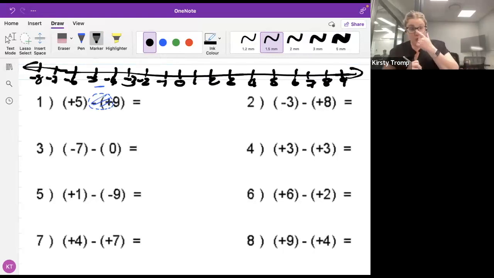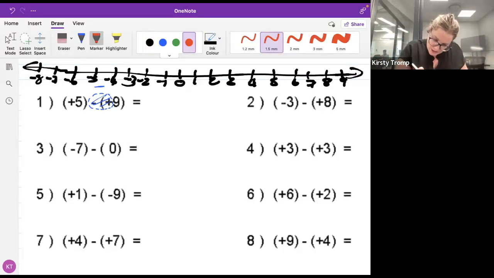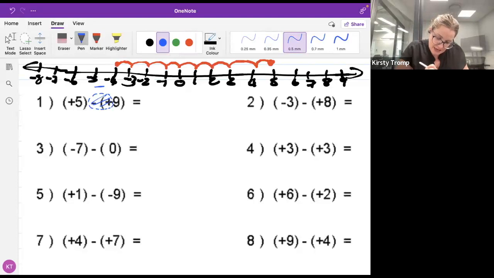I can't fit any more numbers, but hopefully you can draw yourself a really nice big one on your page. I'm starting at the number 5, and I need to subtract 9. So I'm going 1, 2, 3, 4, 5, 6, 7, 8, 9. Where am I going to end up, everybody? I'm going to end up at negative 4.